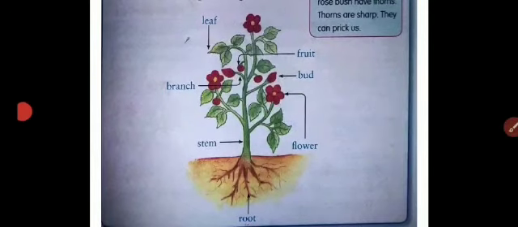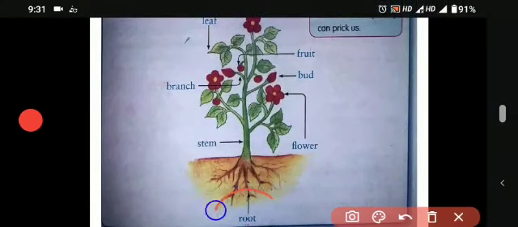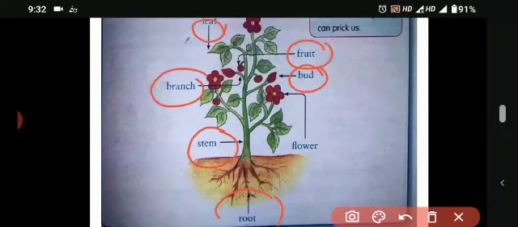So students, we can see the picture of a plant. In this we can see root, stem, branch, leaf, fruit, bud and flower.